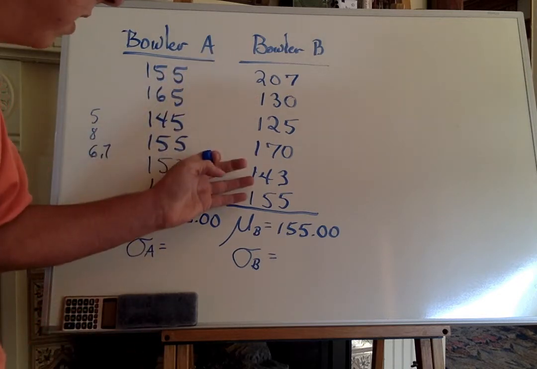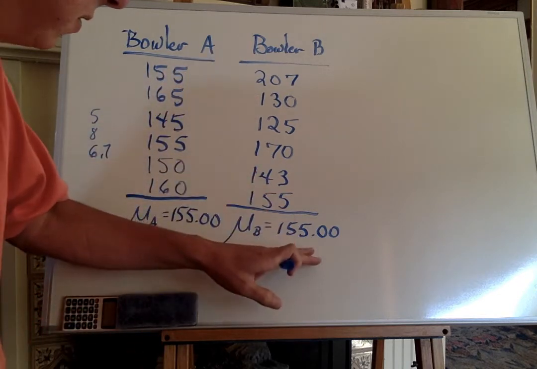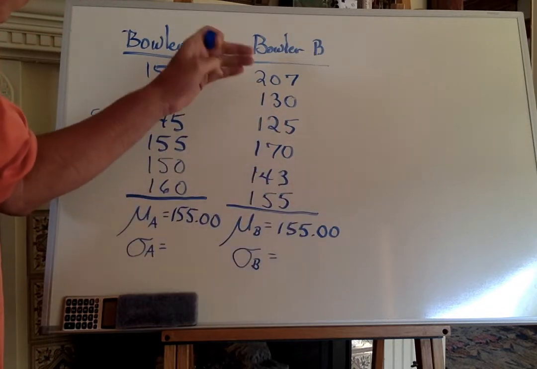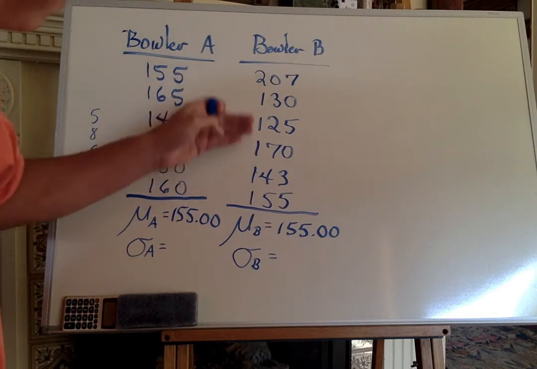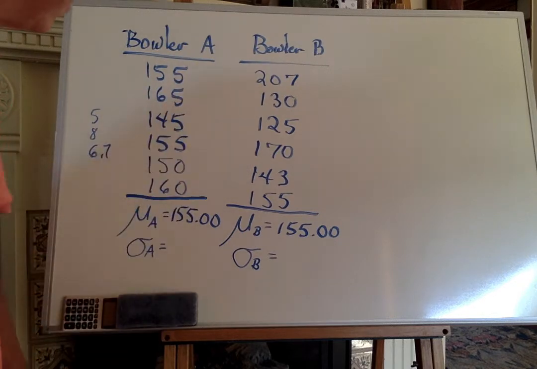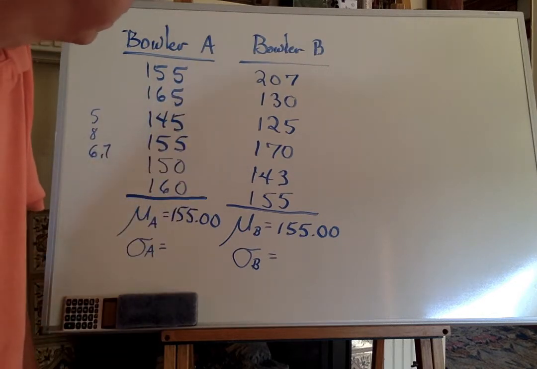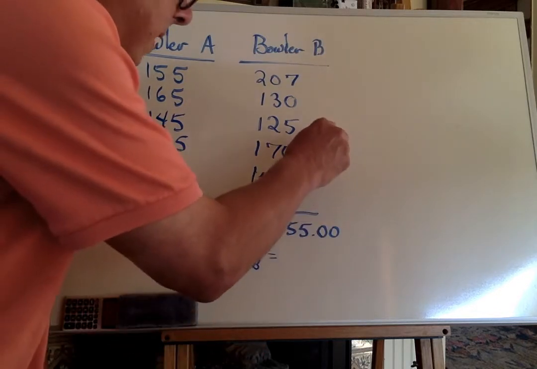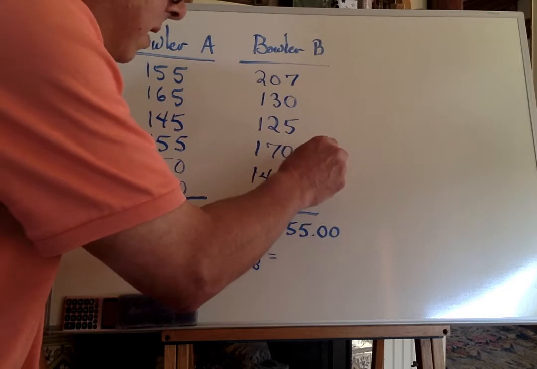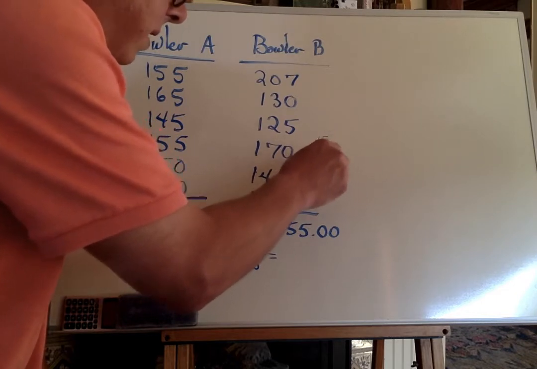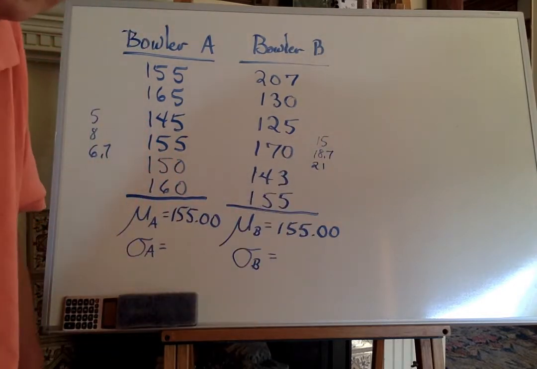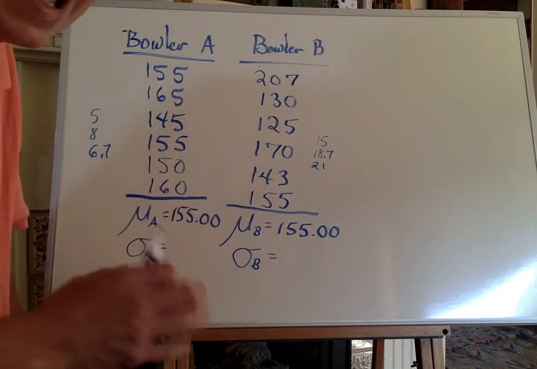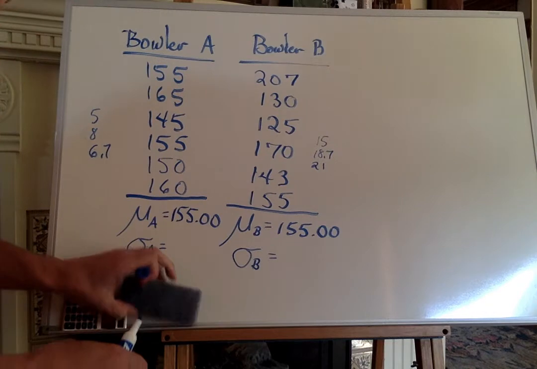If we look over here, relative to a mean of 155, we see that scores are quite variable, and maybe my guess might be something like 15 or 18.7 or 21 or something in that range for the standard deviation.